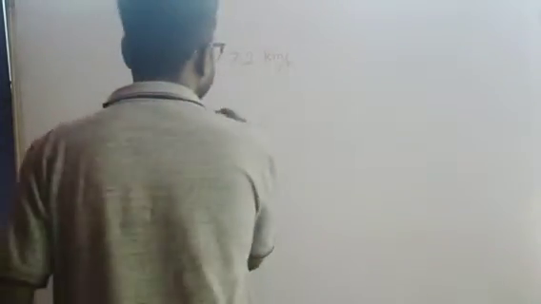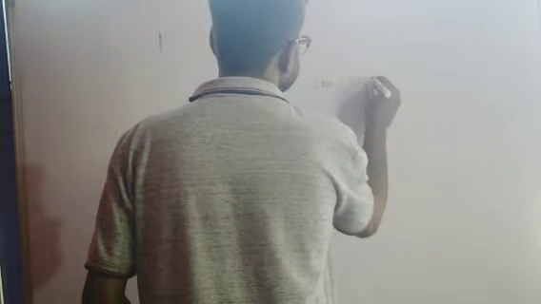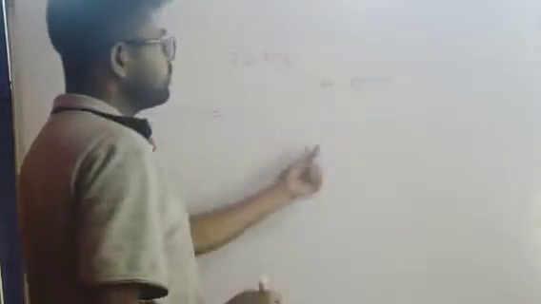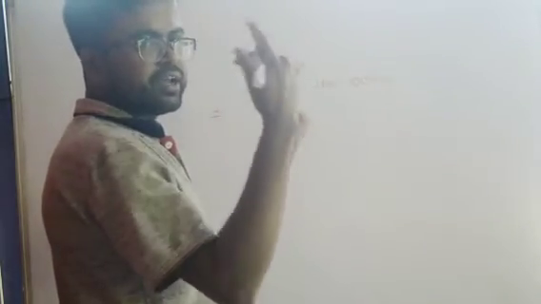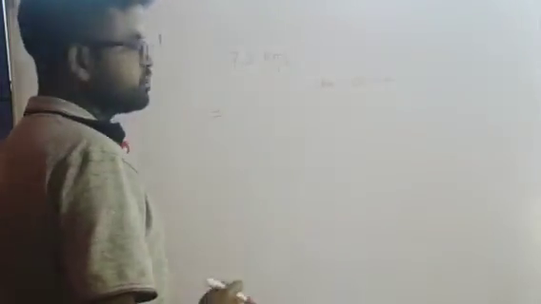For that, you need some concepts. 1 kilometer is equal to 1000 meter. You know this: milli, centi, deci, meter, deca, hecta, kilo. So 1 kilometer is 1000 meter.